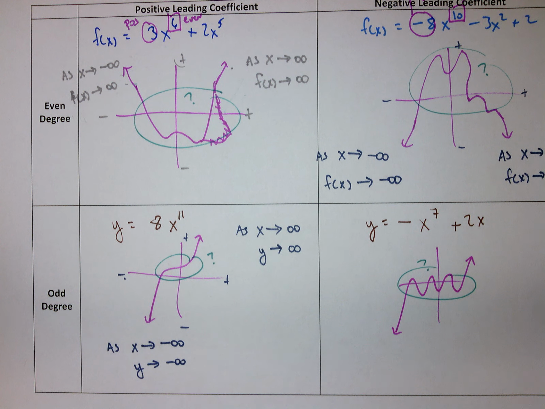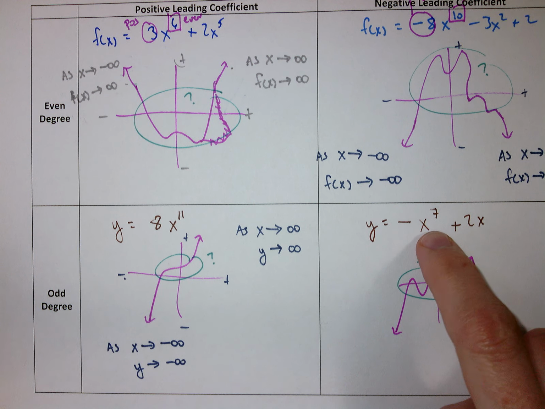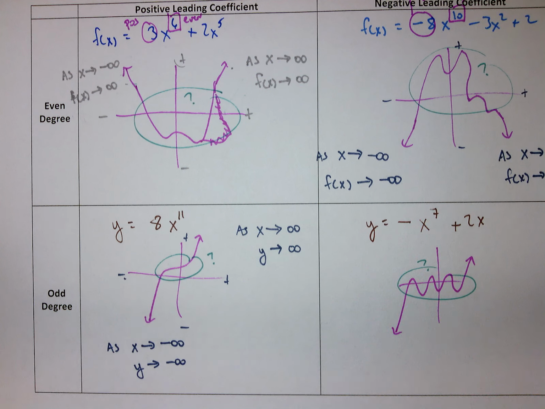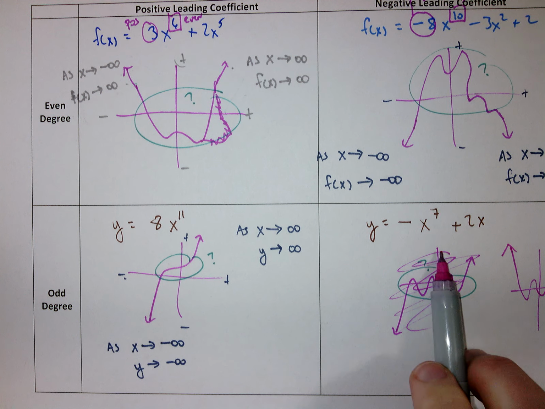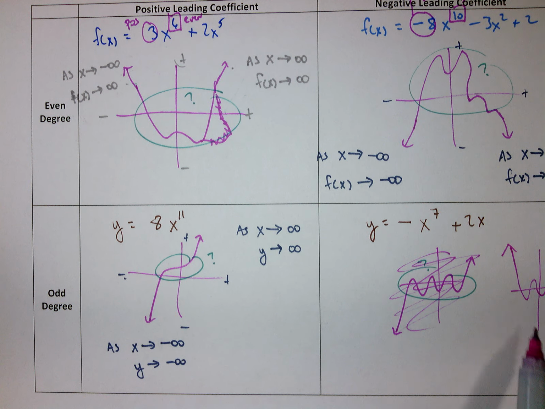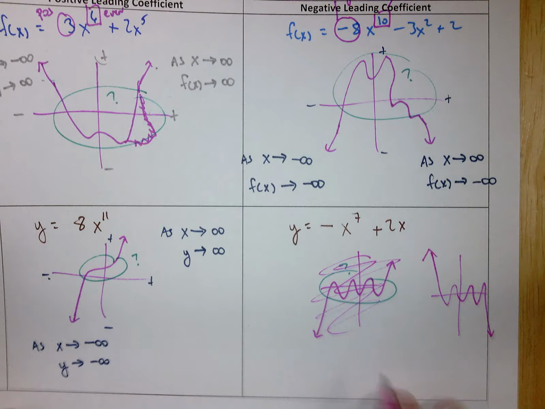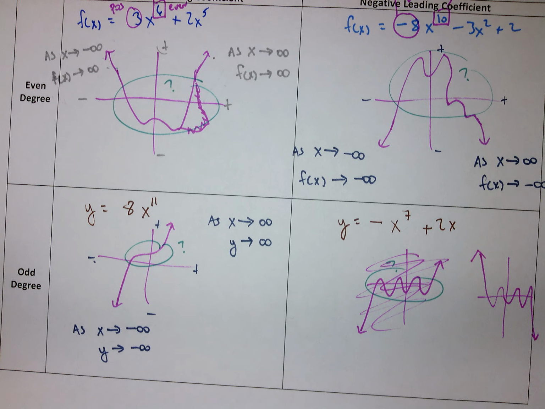I do know that the ends are going to look like this. It's an odd degree, so it's going to look like a cubic. Oh no, but it's flipped. I was totally wrong, my bad. I was so caught up in making the squiggles. It's an odd degree, so it looks like an x cubed, but it's negative, so it's been flipped. So that's more what this is going to look like.